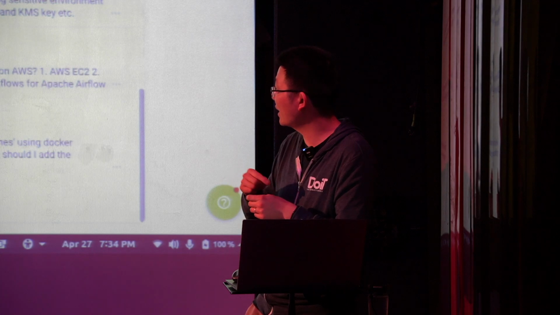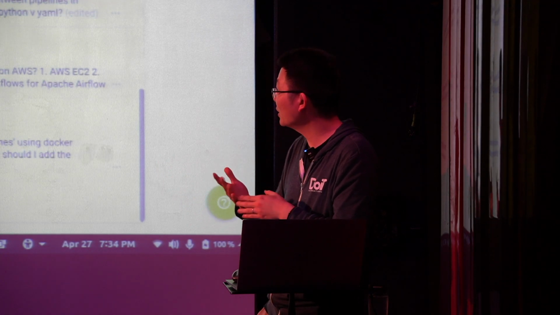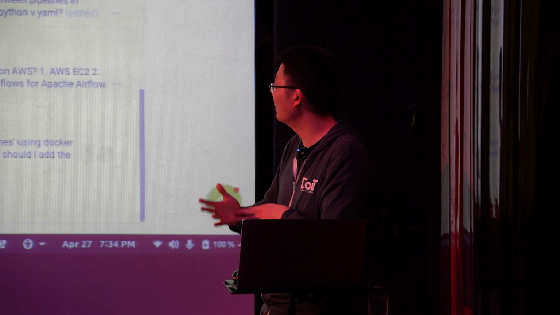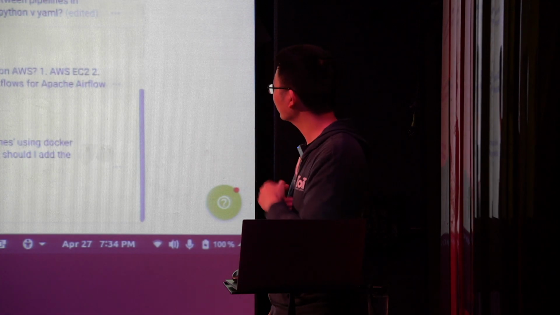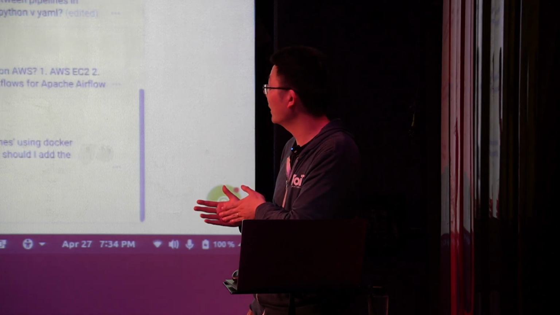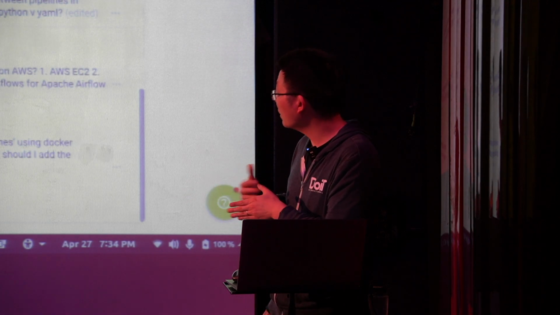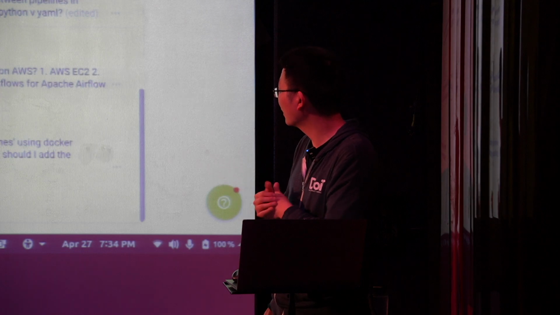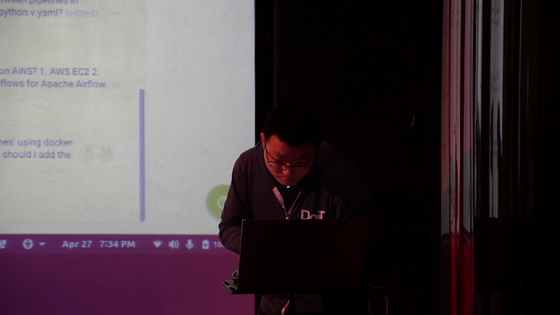Composer is able to read from there. This is actually the recommended way. Don't just put that inside of the environment variables inside of Airflow, because what if somebody hacks into your container? Same thing with AWS. AWS has a similar product as well. So you can put everything in there and then access it from Airflow. I think it has native integration with AWS KMS now. Yeah, it's quite good.